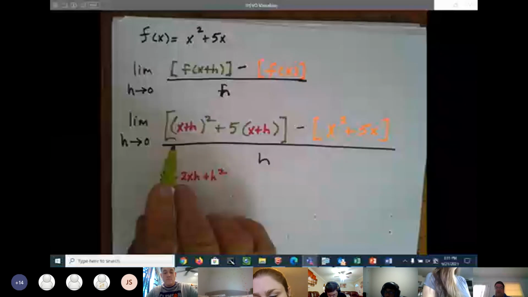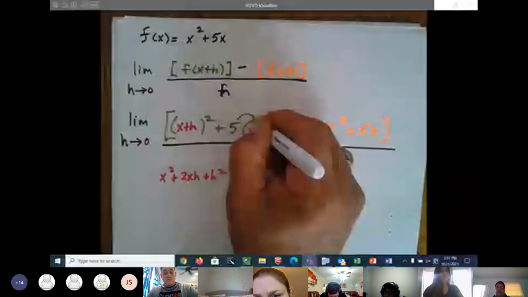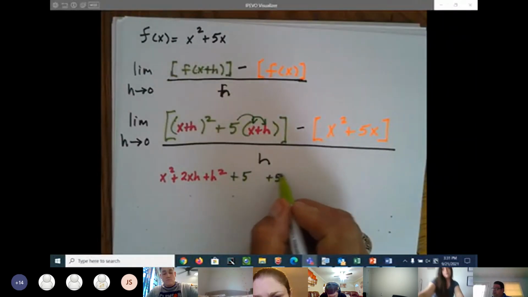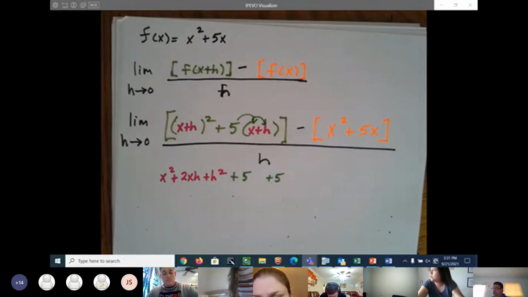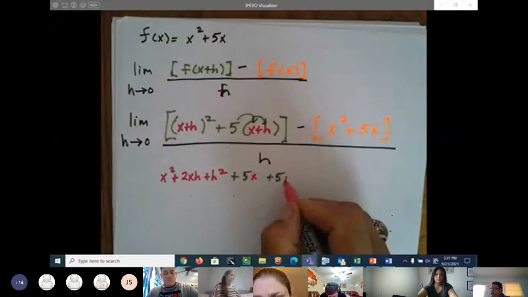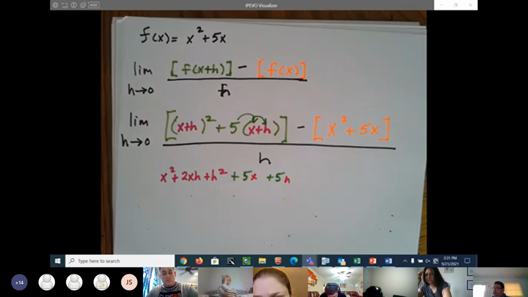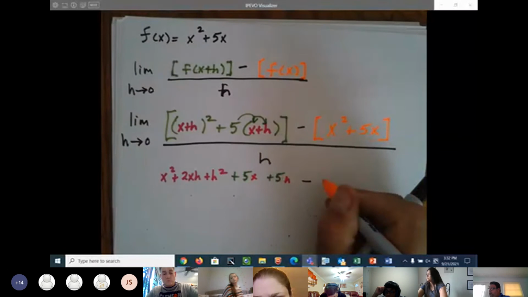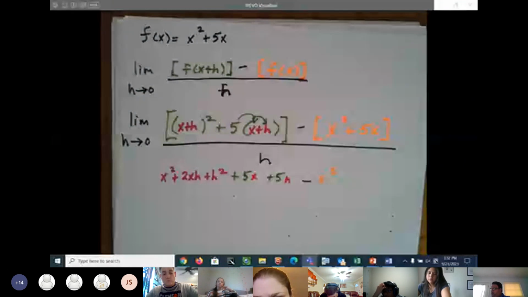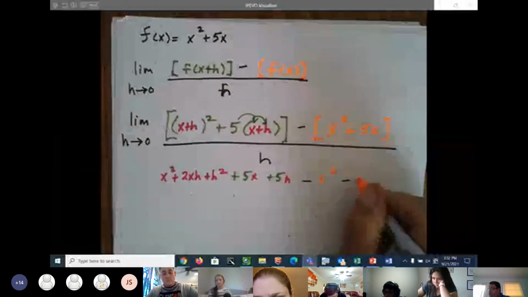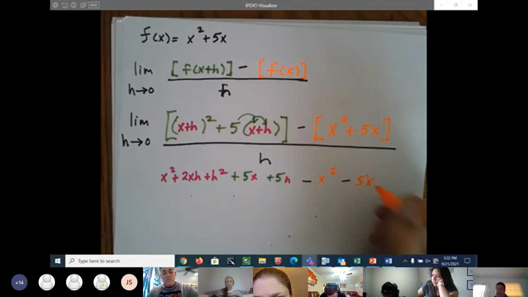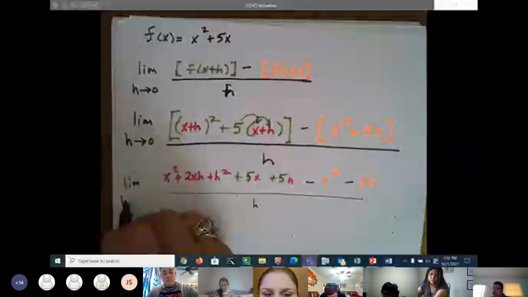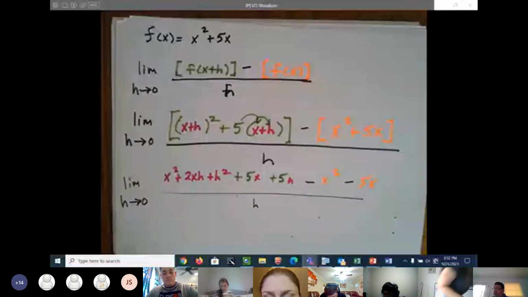But we went over the shortcuts in the review. Plus 5, plus 5x, h, distributed that. Negative x squared, negative 5x, all of that over h, limit as h approaches 0.